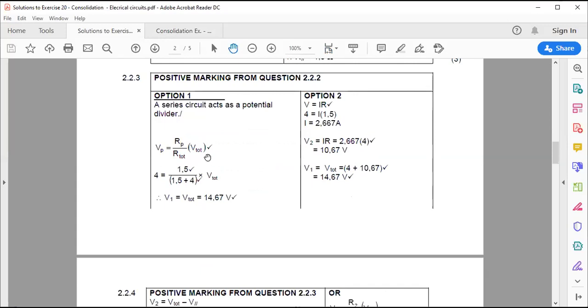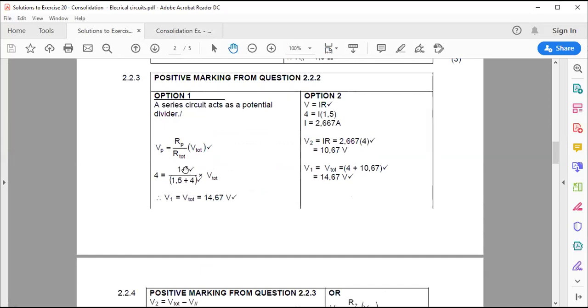Here they said VP, it's R parallel over R total multiplied by V total. They've made an equation of which you need to understand this. Basically, they've said R parallel over R total multiplied by V total must give us the V parallel.